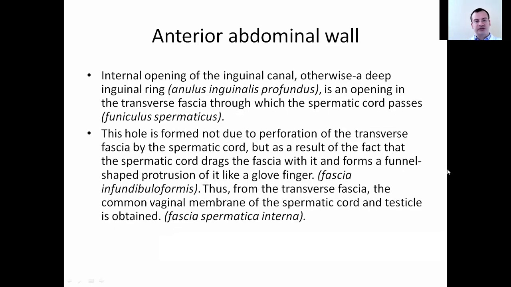The internal opening of the inguinal canal, otherwise the deep inguinal ring, is an opening in the transverse fascia through which the spermatic cord passes. The hole is formed not due to perforation of the transverse fascia by the spermatic cord, but as a result of the fact that the spermatic cord drags the fascia with it and forms a funnel-shaped protrusion of it like a glove finger. Fascia infundibuliformis.